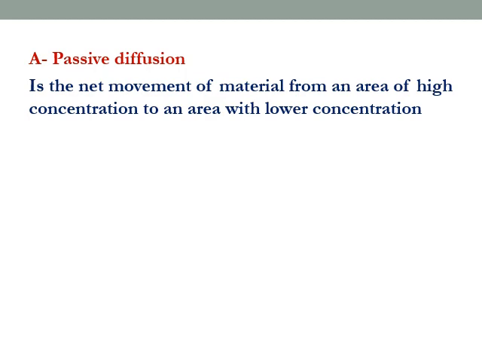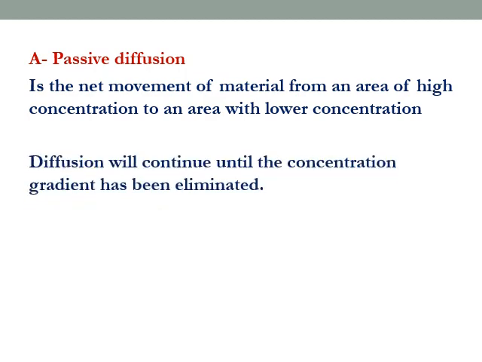The difference of concentration between the two areas is often termed as the concentration gradient. In passive diffusion, the diffusion will continue until the concentration gradient has been eliminated and no membrane proteins are involved.